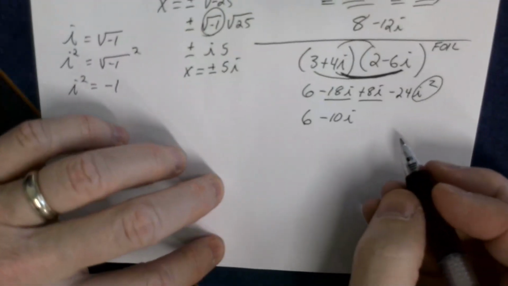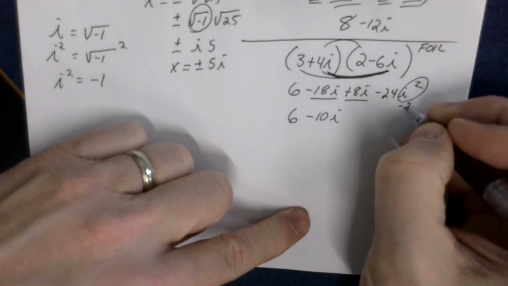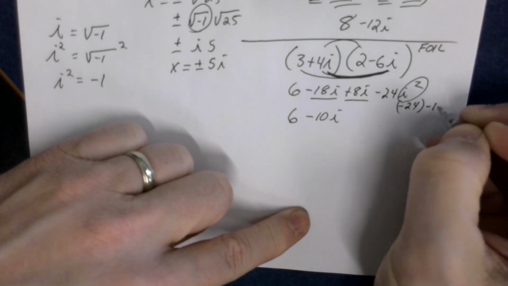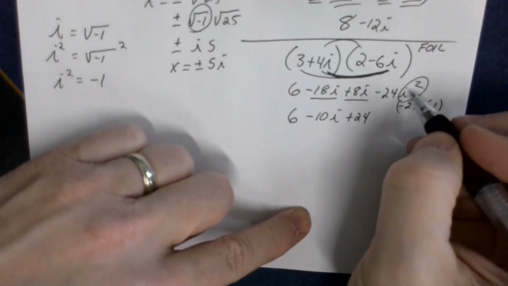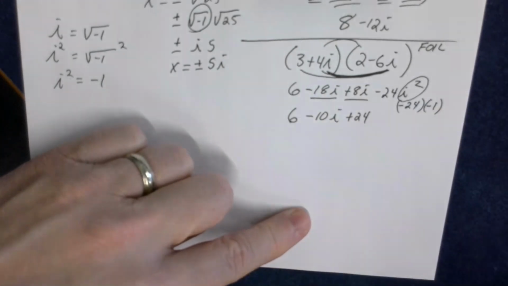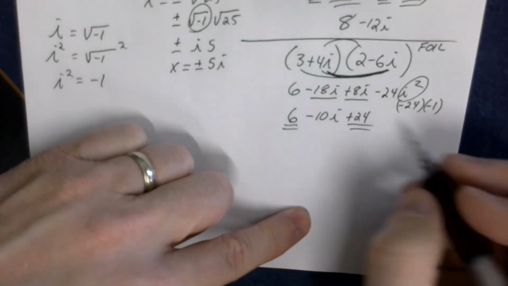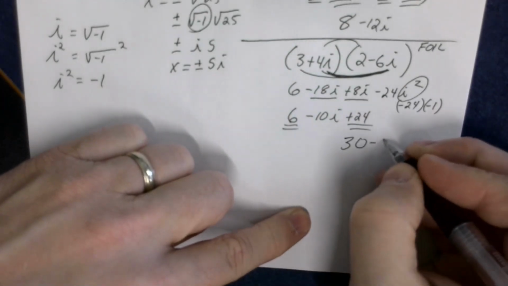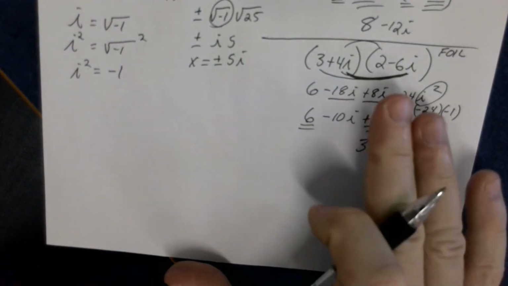So if I come back over to this, if i squared is equal to negative 1, that becomes negative 24 times a negative 1, which becomes positive 24. Okay, so that negative 1 and that negative cancel each other out, so that's positive. So now I got real part, so I got 30 minus 10i. Okay, so that's kind of how multiplication works.